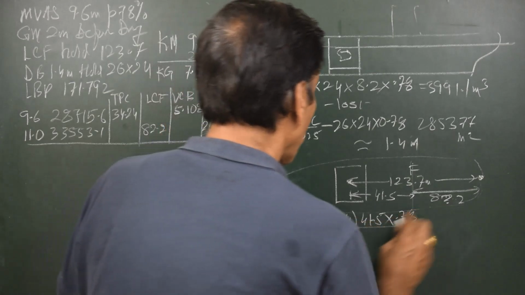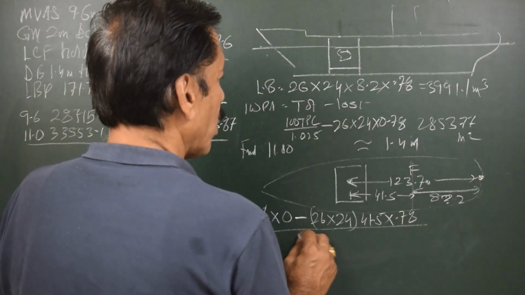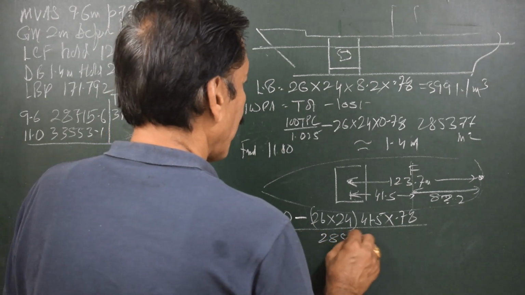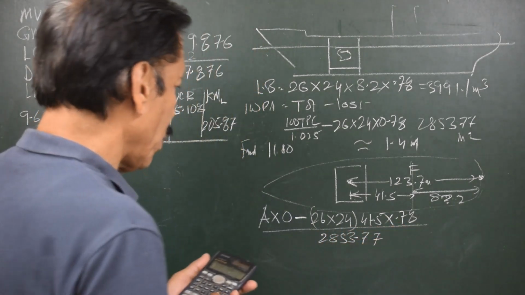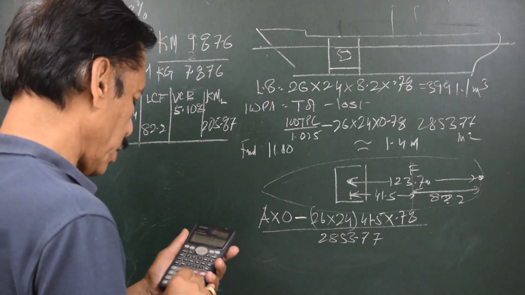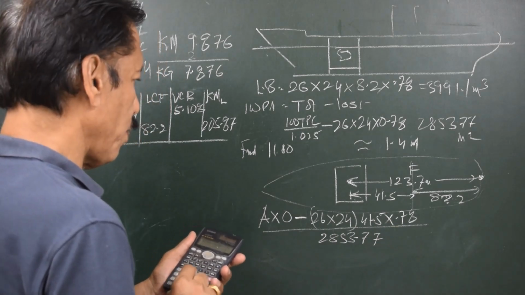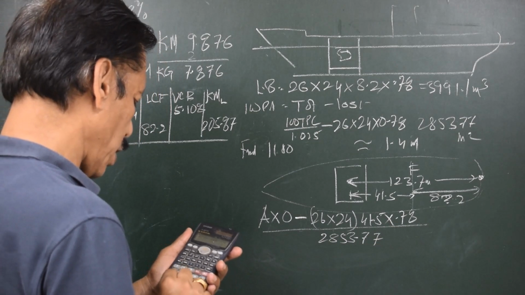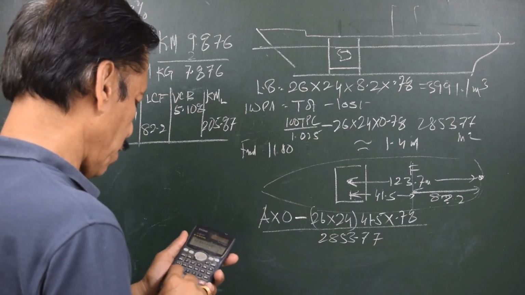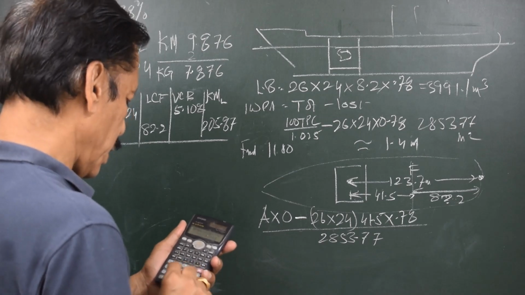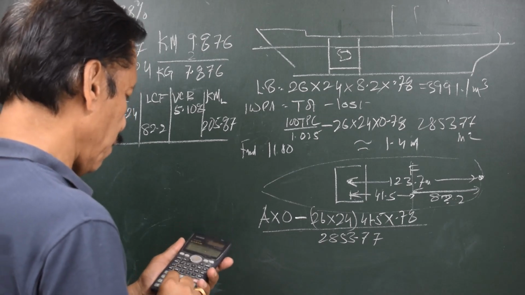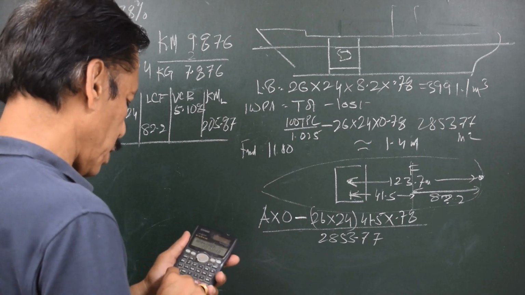Divide by the intact water plane area, which is 2853.77. So what we get is 26 into 24 into 41.5 into 0.78, divided by 2853.77.